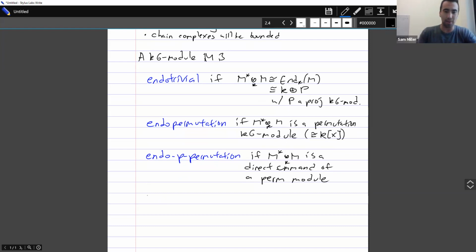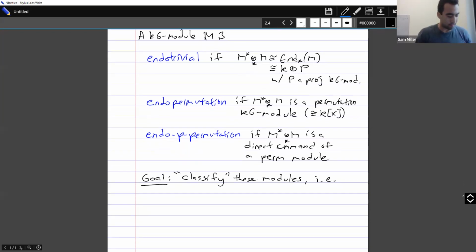And the goal here, or a goal, is to classify these modules. What do I mean by that?